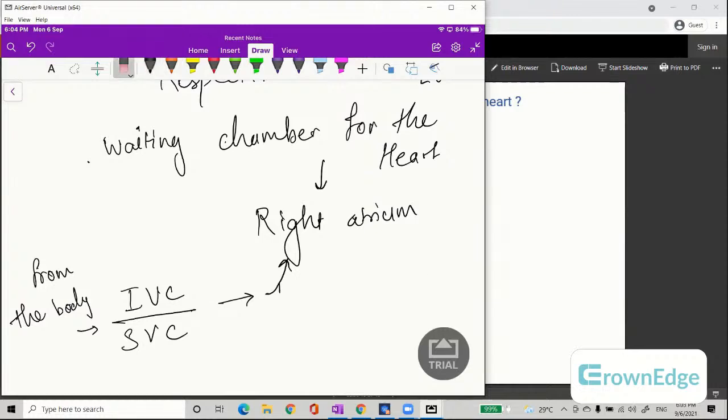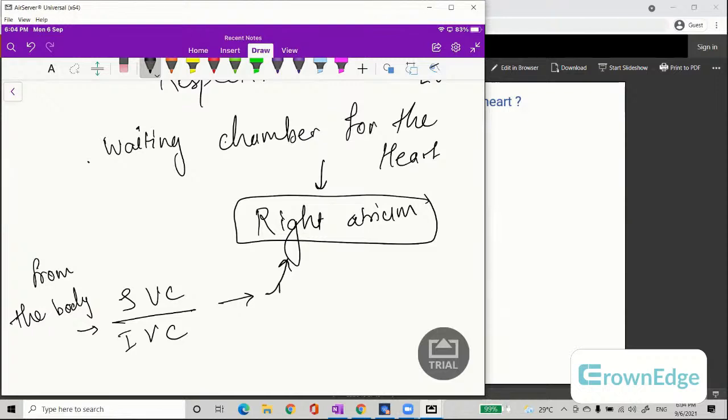We should write S above, because superior should be above. So SVC and IVC go into the right atrium, and there is no valve present in between, remember. So whatever blood is coming from the body goes into the right atrium, and then it enters the heart from the whole body, right? The blood will enter the heart via the right atrium.